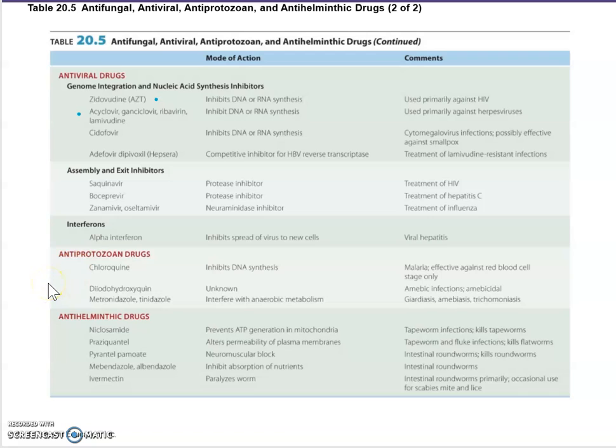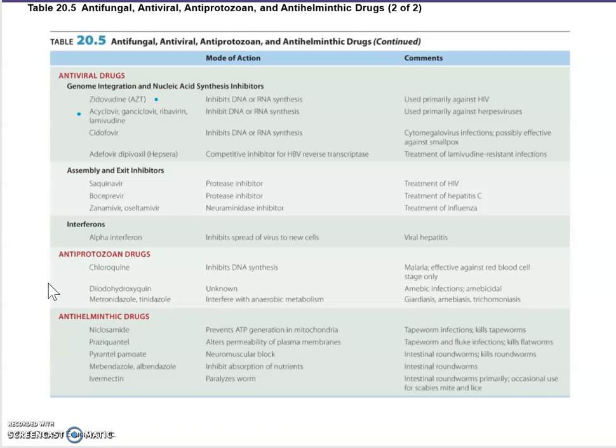Now moving on to antiprotozoal drugs. Chloroquine is a very old drug that's used to treat malaria infections. Lately, I'm not sure how this came about, people think right now that you can use hydroxychloroquine as a drug to treat a virus infection, which doesn't make sense to me at all, but hey, if it works, I'll take it.